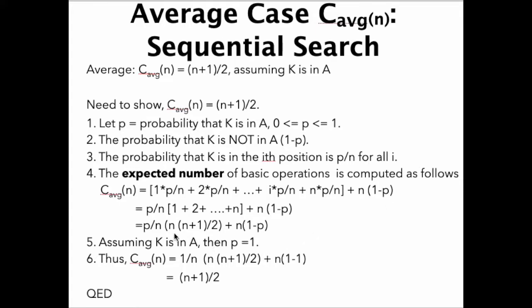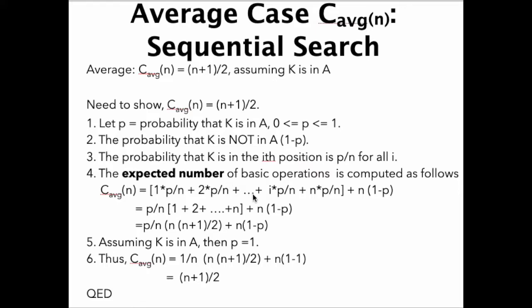Okay? So, to compute for the number of basic operations, we compute for the expected value of the number of the basic operation calls. So, for all possible cases, we multiply that for the corresponding number of basic operation calls. So, if it's in the first position, isa lang yung basic operation call. If it's in the second position, we need two comparisons.